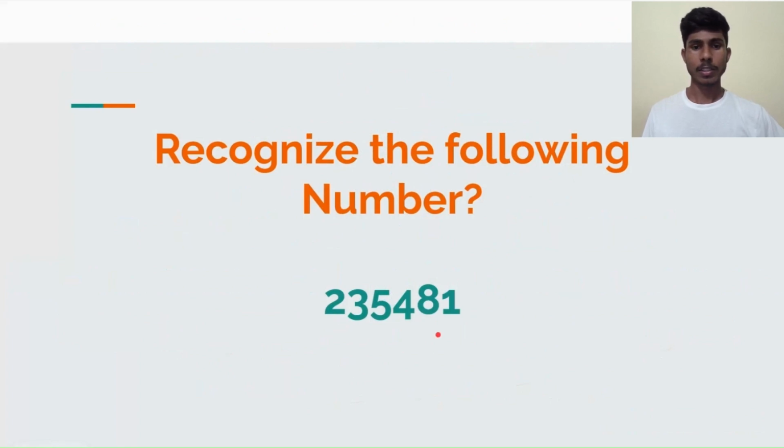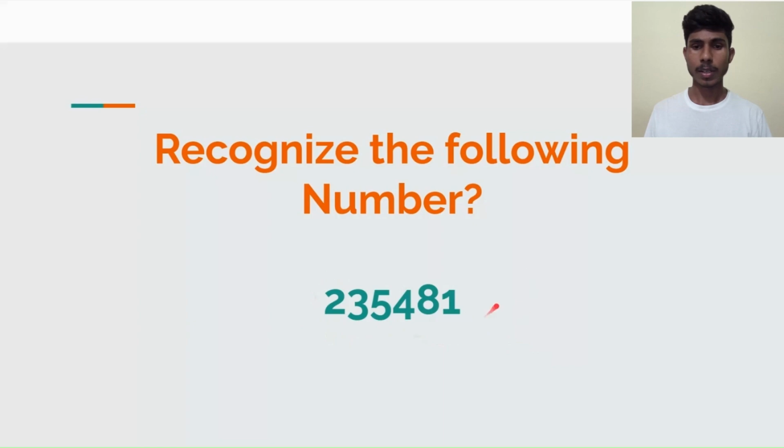235481. See, we need to recognize this number now, and we need to follow the same approach for this number too. We need to move from the rightmost digit to the leftmost digit, and we need to find the place value of each digit, and we need to combine all those digit place values from bottom to top, that is from leftmost digit to rightmost digit, and we will get the value of that number.